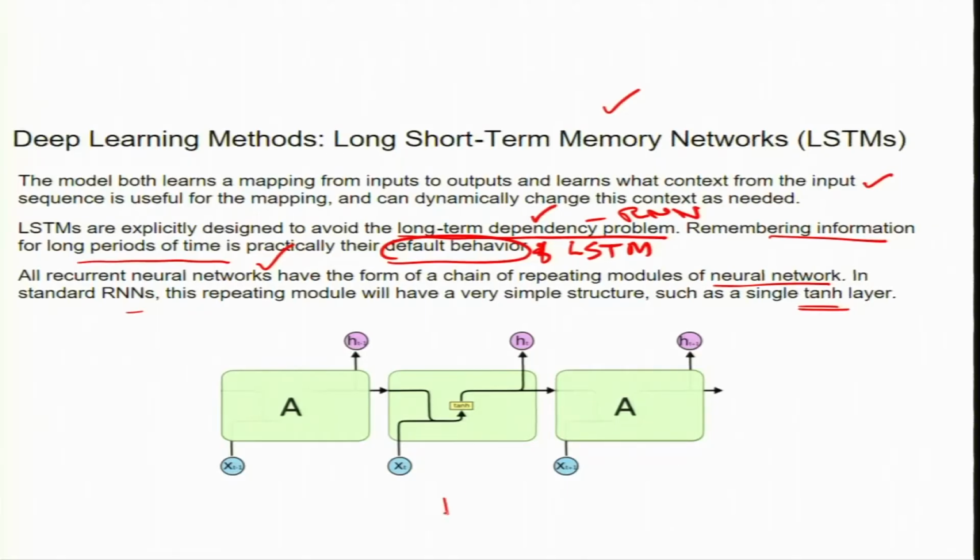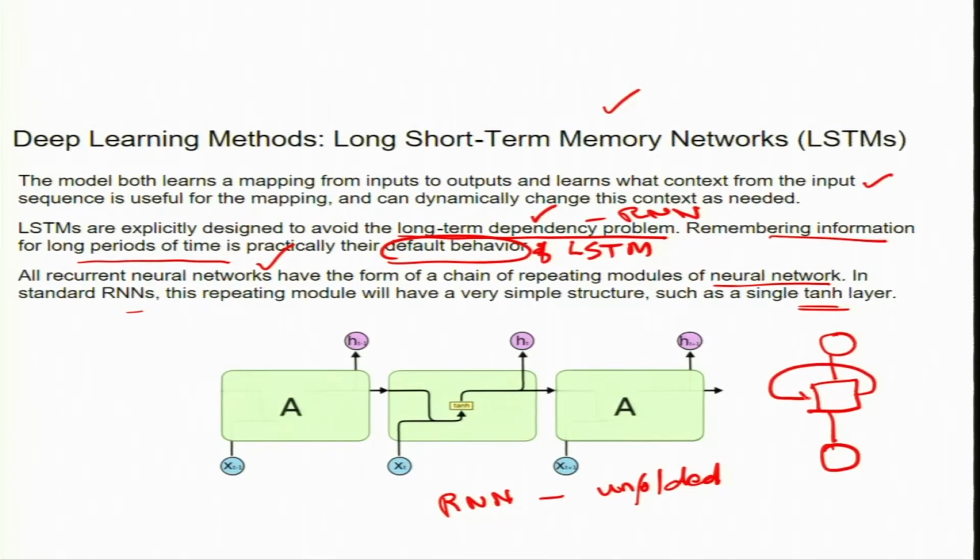So, this is a recurrent neural network in an unfolded form. Rather, you can think of this as the input and these are the neurons, and then it will feed back.